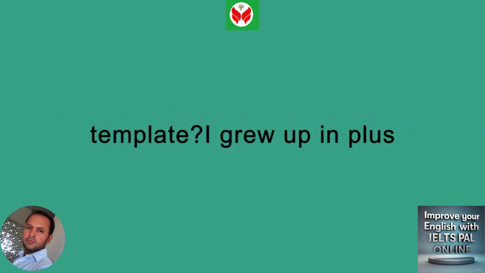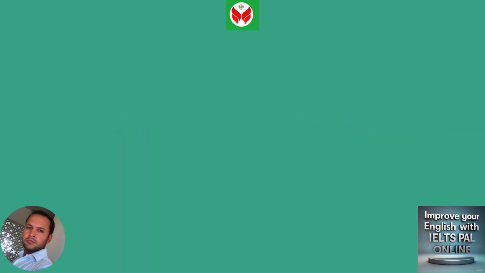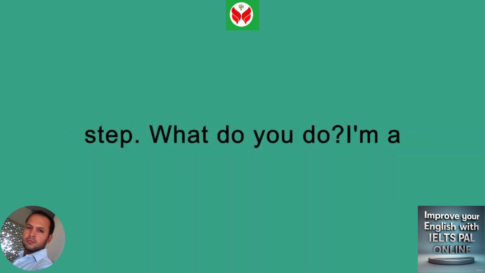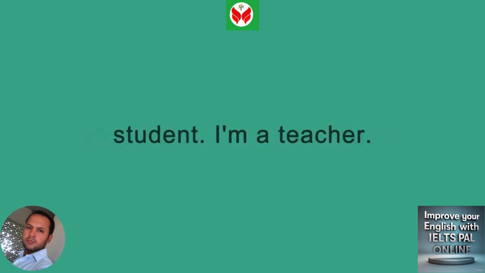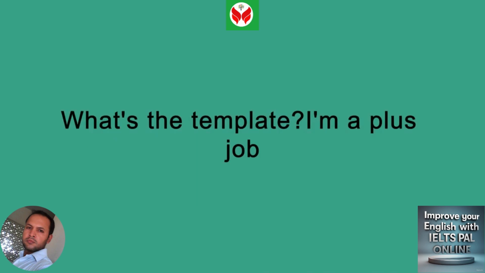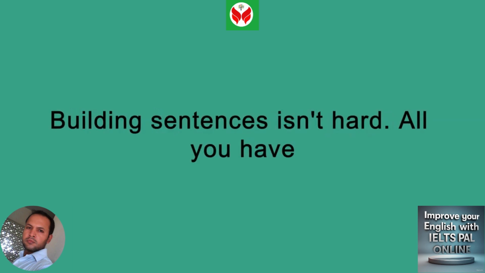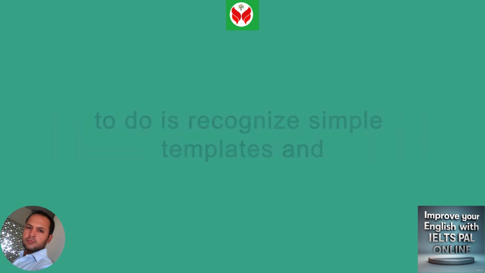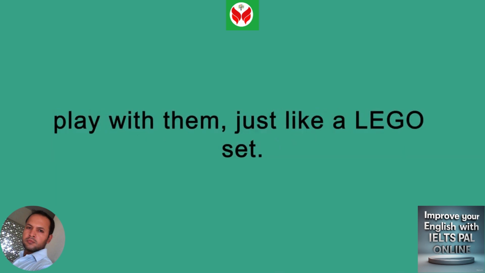What's the template? I grew up in plus city. Now, we move to the next step. What do you do? I'm a student. I'm a teacher. What's the template? I'm a plus job. Building sentences isn't hard. All you have to do is recognize simple templates and play with them, just like a Lego set.